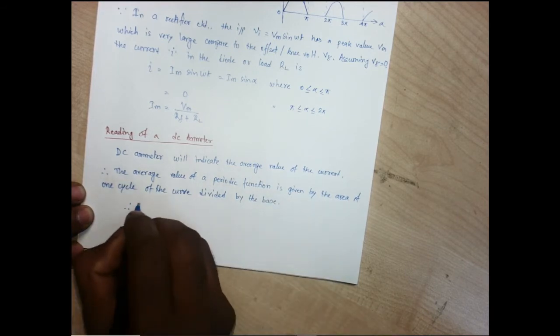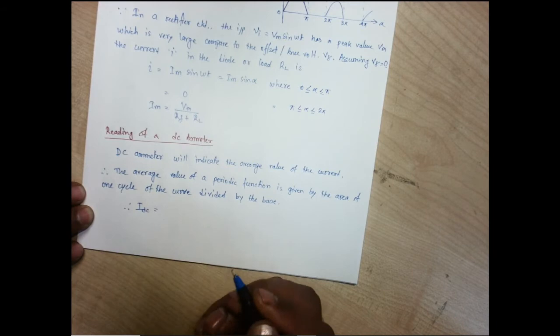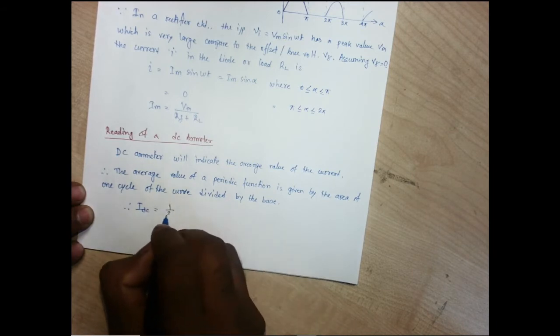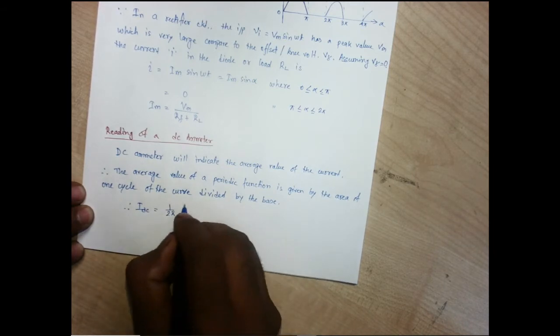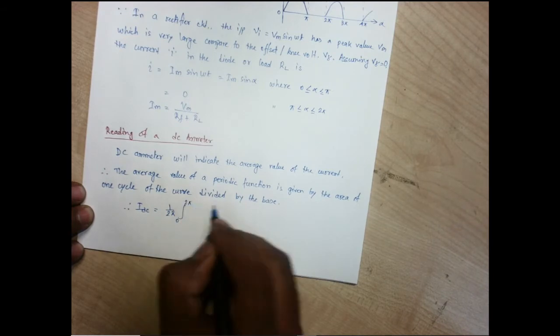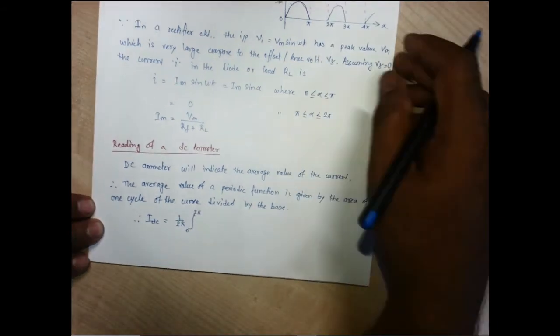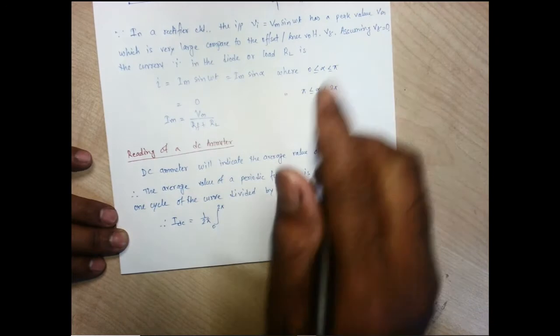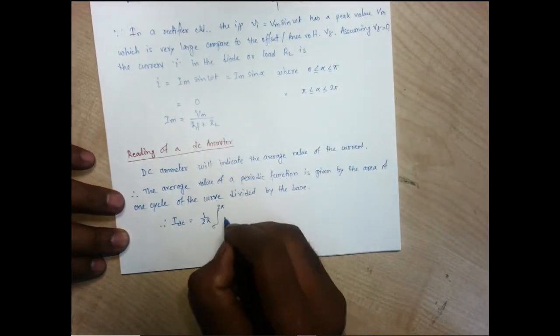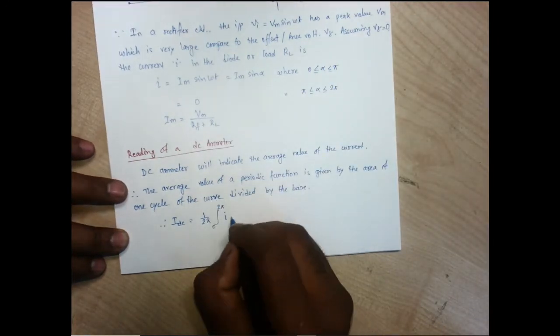Therefore this IDC will be 1 by twice pi, integration 0 to twice pi, because this is the one cycle from 0 to 2 pi, of i d alpha.